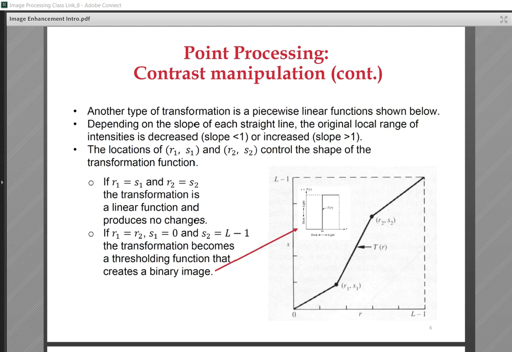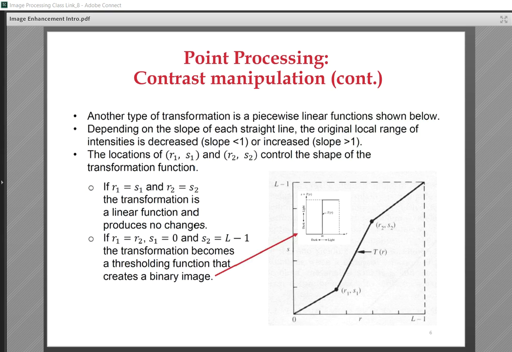For example, this is 0, and this is full, or for example L, the maximum intensity level. This is one point and this is another point.